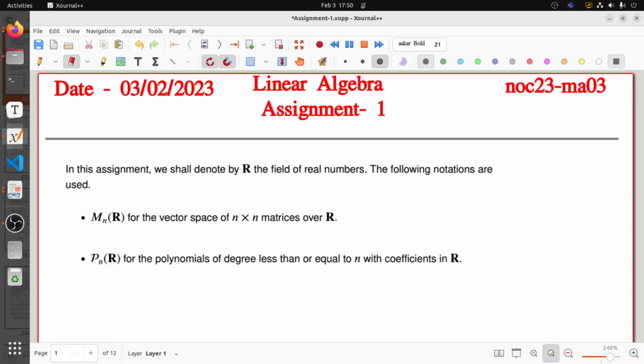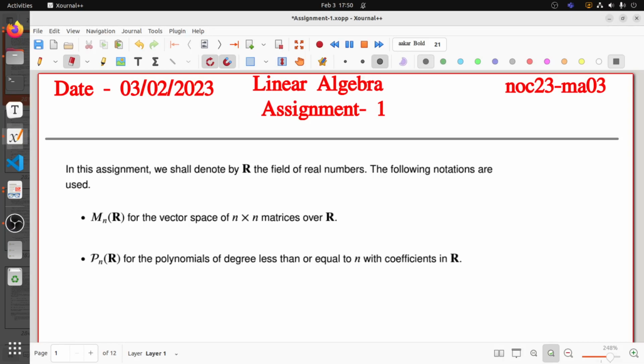So what is u plus v? How is addition defined? u dot v, right? And what is this dot? This is the usual multiplication in the real numbers. We know that multiplication is commutative for real numbers, so this is the same as v dot u.